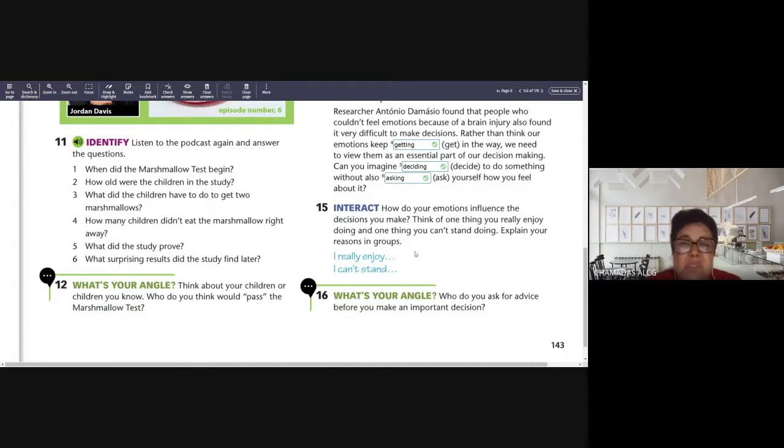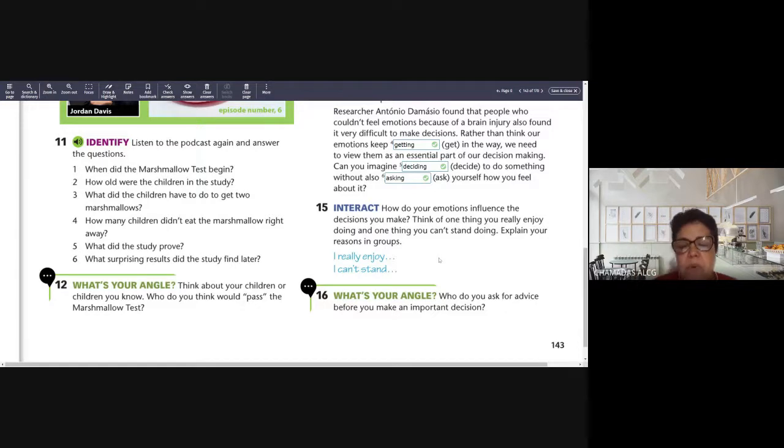Then, guys, we have some suggestions here for us to practice that. They pose a question like, how do your emotions influence the decisions you make? Think of one thing you really enjoy doing and one thing you can't stand doing. Explain your reasons.